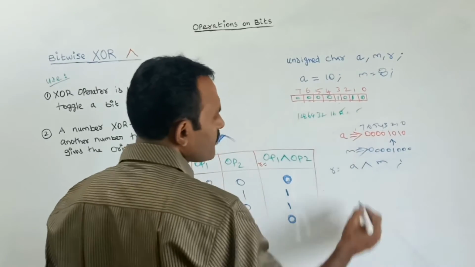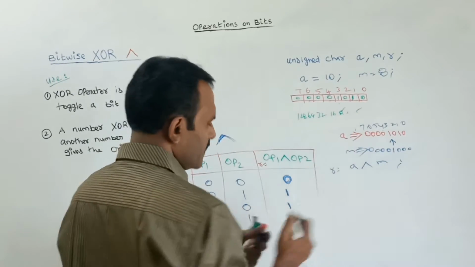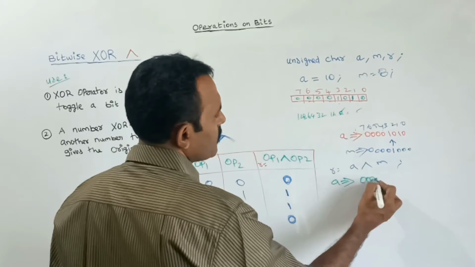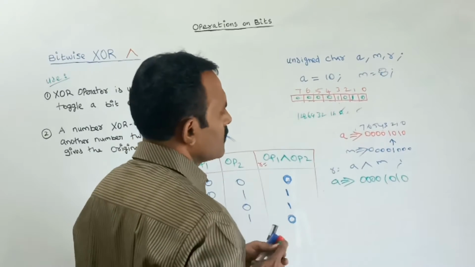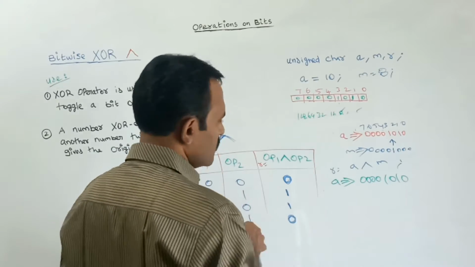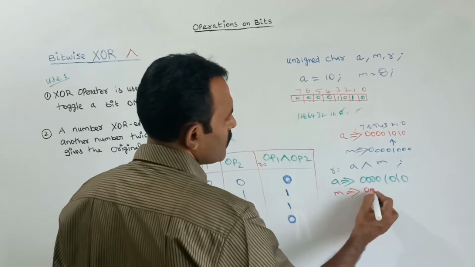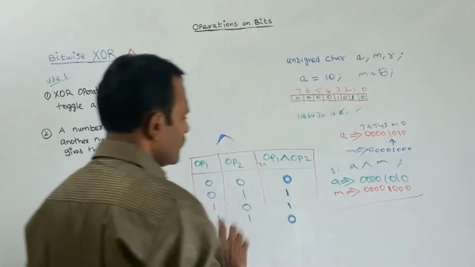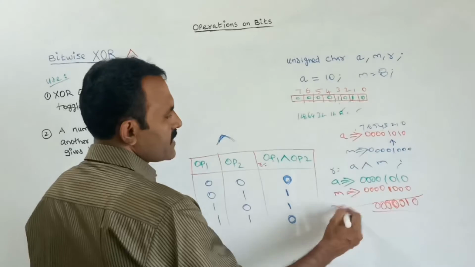What is the binary value of A? Binary value of A is, next, the binary value of this mask value. You apply this table, and this is the result.